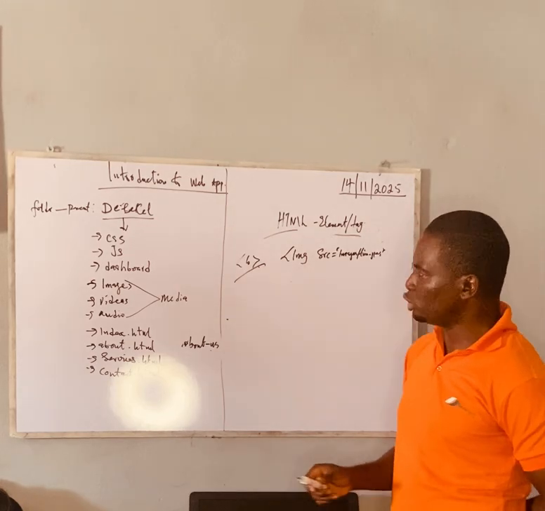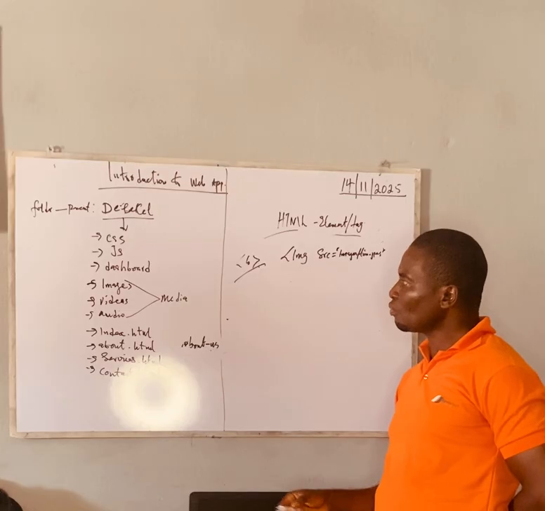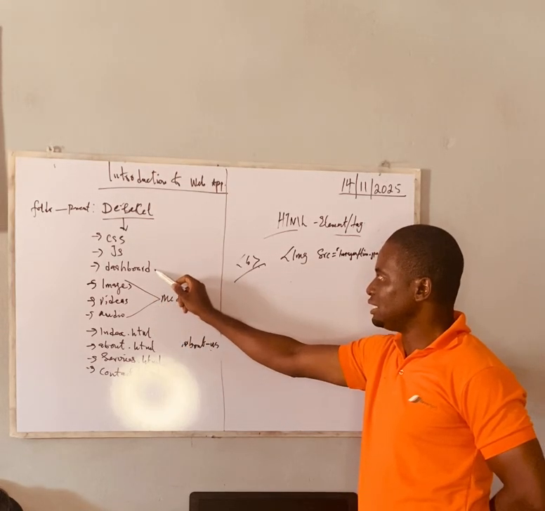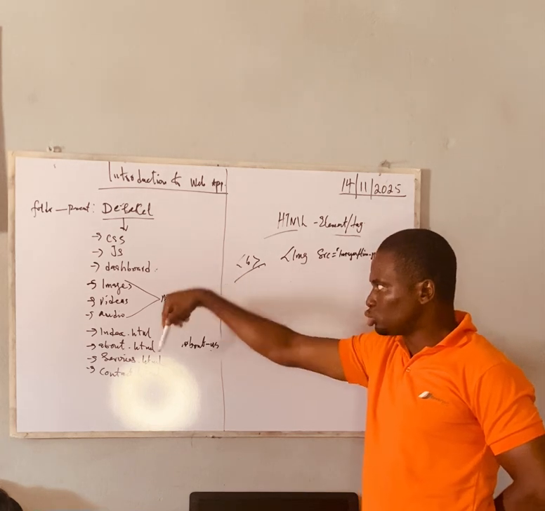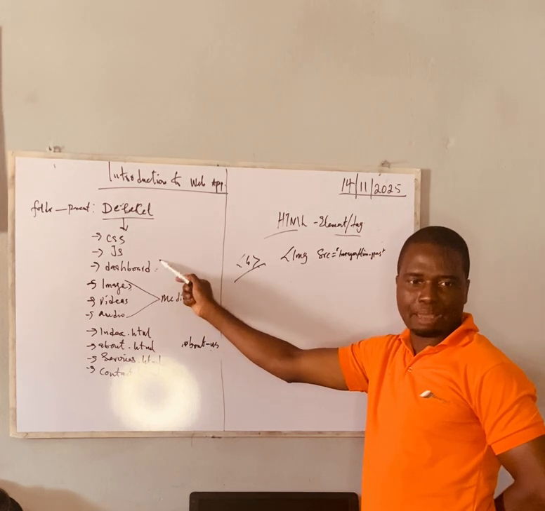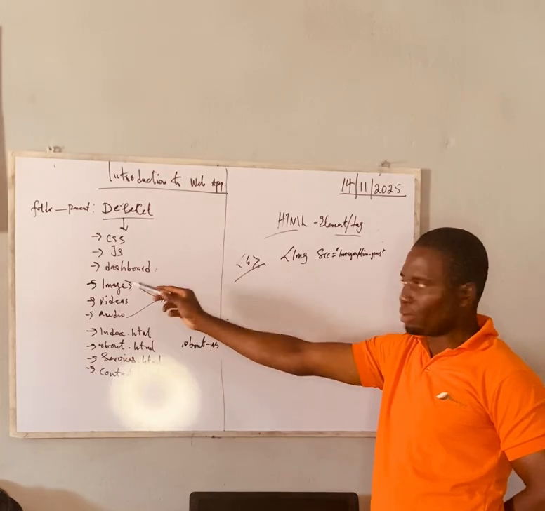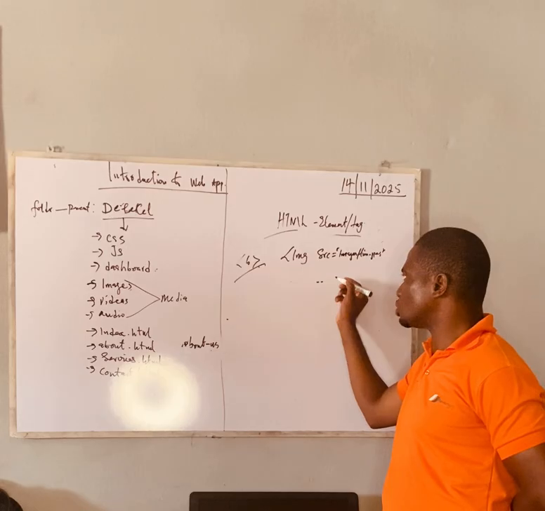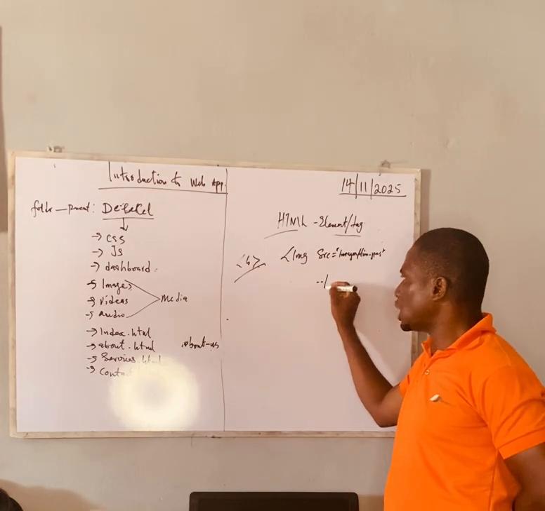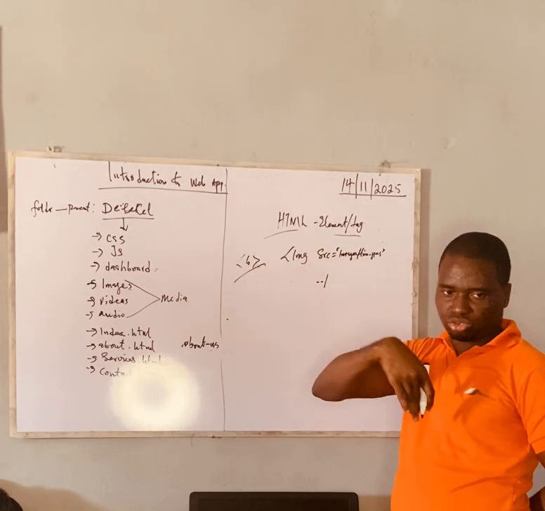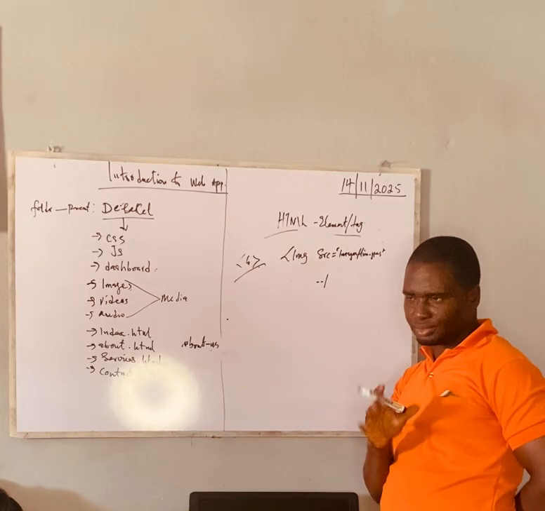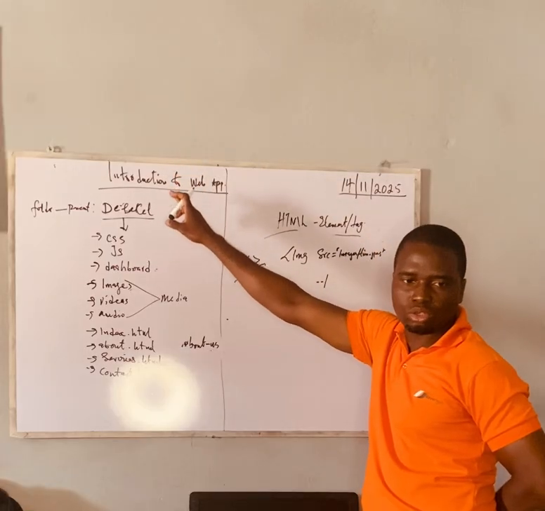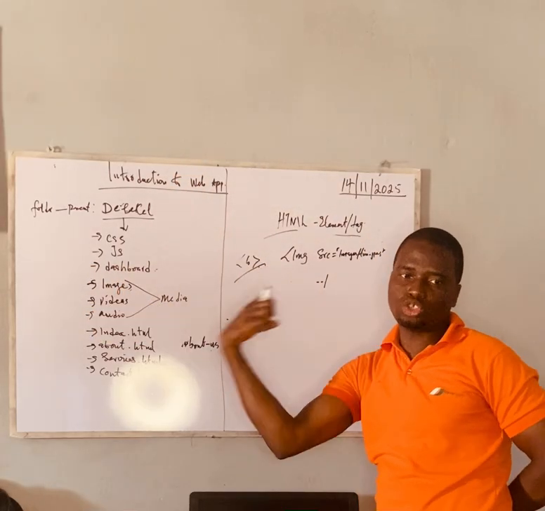But assuming you are inside a folder, and you want to access something outside, that means you have to come out from the directory, right? Then you will use what we call two dots and slash, to come out. You get? Let me repeat. If you are on the same level, you are seeing the door, you just knock at the door.